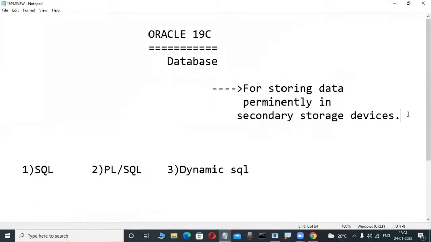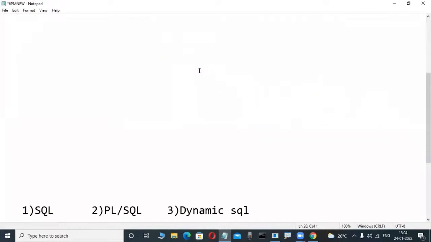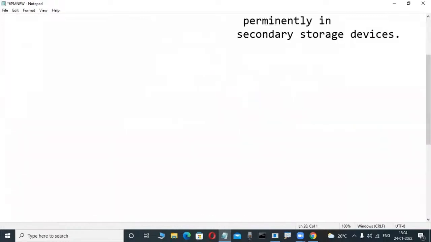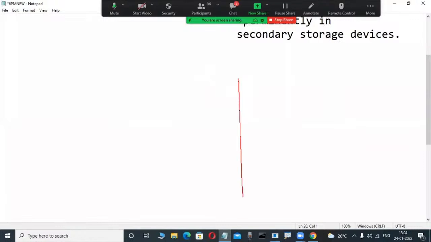But unfortunately, as I told in previous classes, observe slowly, a database means it is a place. Whenever we install Oracle, SQL Server, DB2, these types of databases in our system, automatically one place is created. That is called a database.